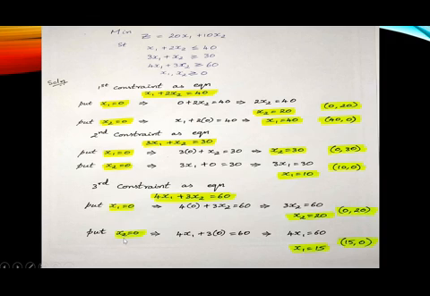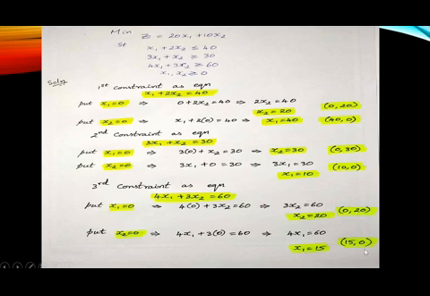Now put x2 = 0, so I get 4x1 = 60, so x1 = 15. The point is (15, 0). So the coordinates I've got are (0, 20) and (40, 0) for the first equation, (0, 30) and (10, 0) for the second equation, and (0, 20) and (15, 0) for the third constraint.